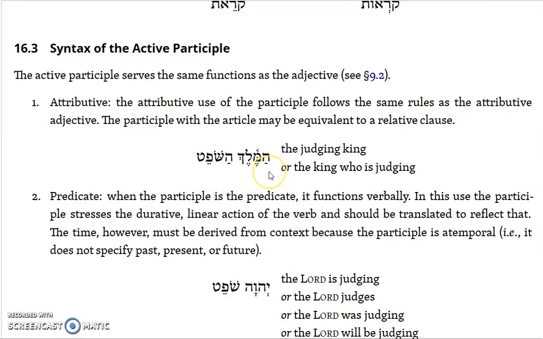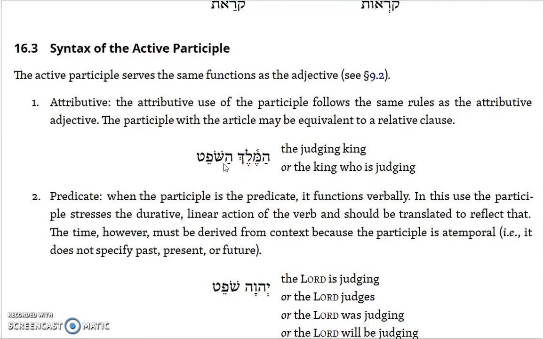So the example here, Hamelech HaShofet, literally the king, the judging one. And it means the king who judges, or the judging king. And so here, Shofet is behaving just like an adjective.